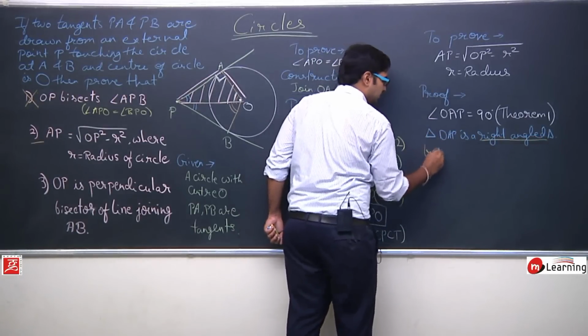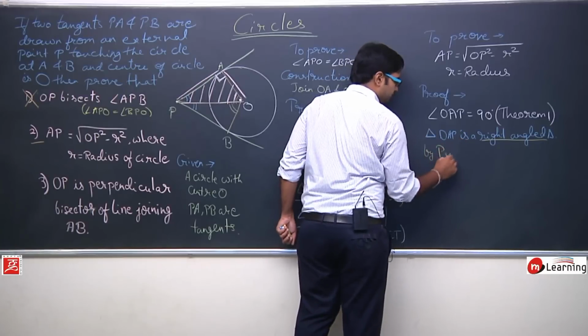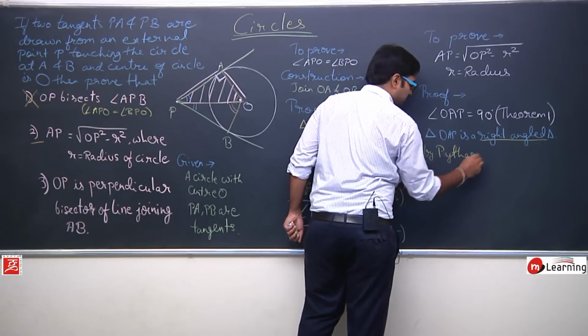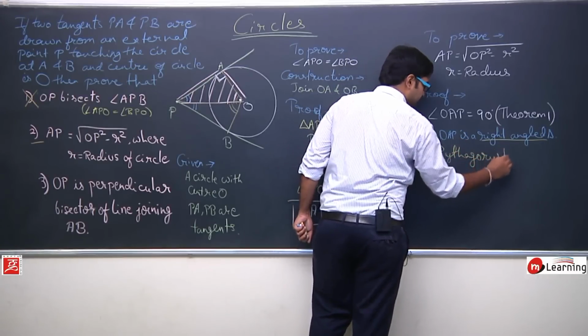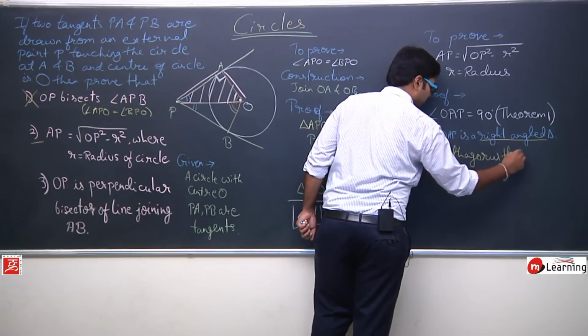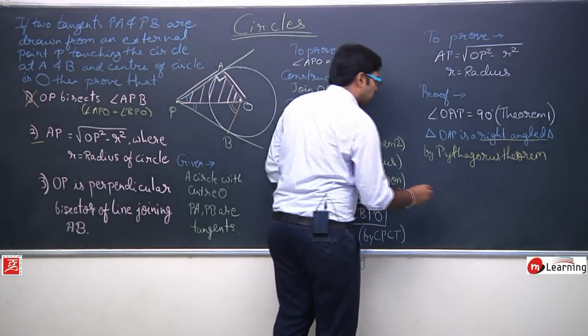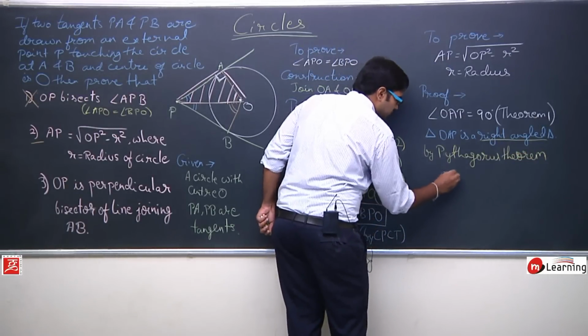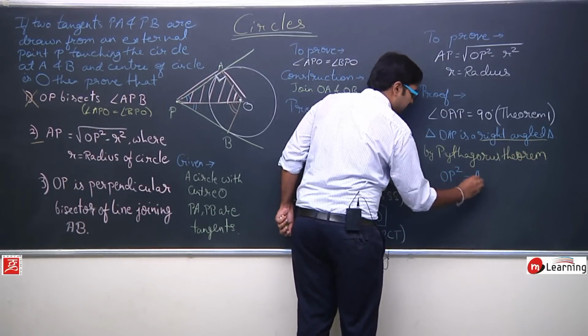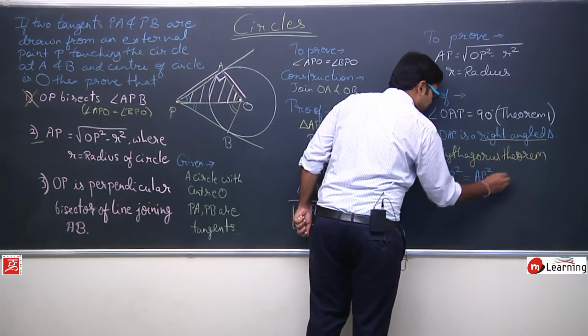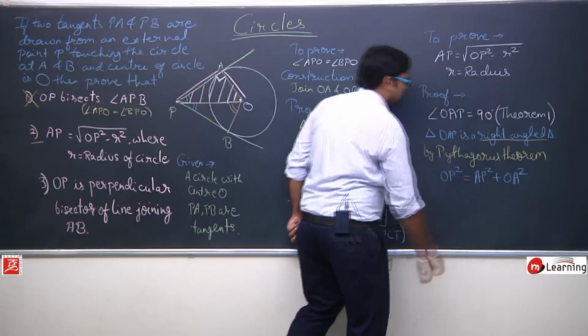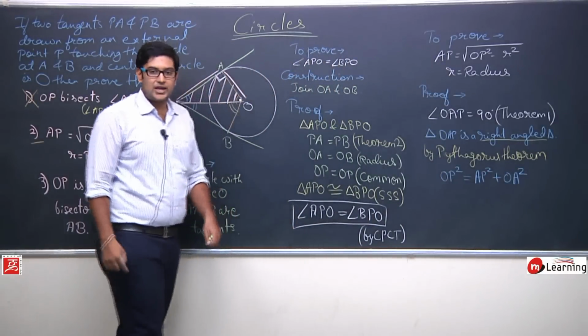So by Pythagoras theorem, I can say that OP square is equal to AP square plus OA square. Now what is OA?